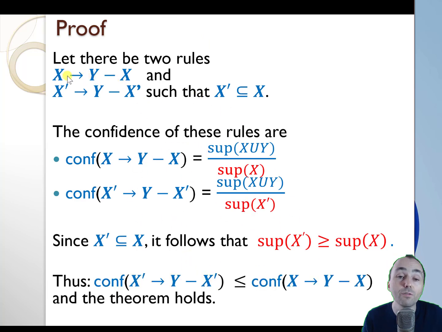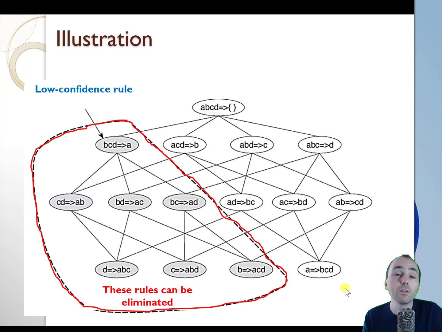If you have two rules like this and like that, such that X prime is a subset of X, you can prove that the confidence of the second rule will be less than or equal to that of the first rule. But let me show you this with an example. What does it mean? So if you have X equal A, B, C, D, you can make many rules like this.